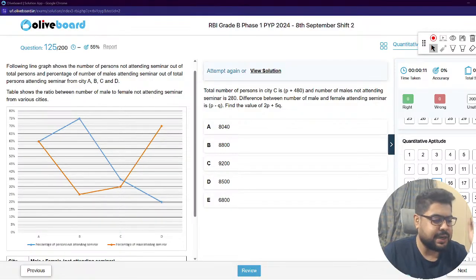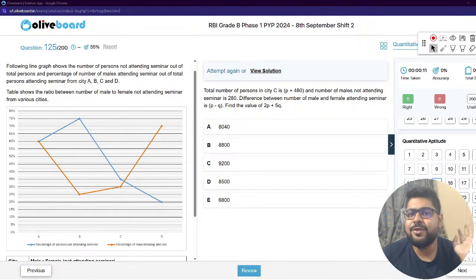Out of them, how many are male? 2 parts out of 2 plus 3, 5 parts, so 2 by 5 are male. It is given as 280.